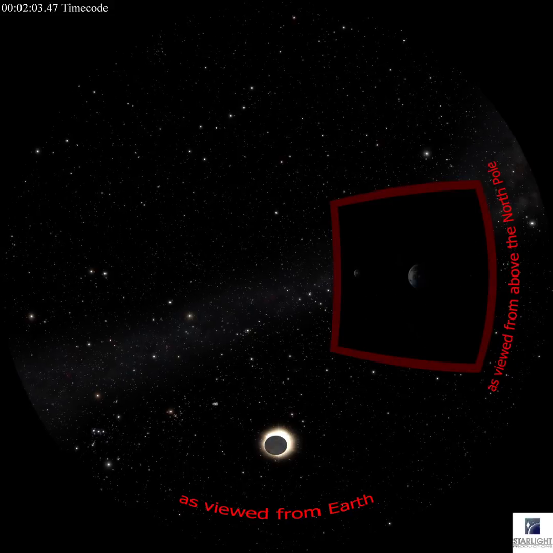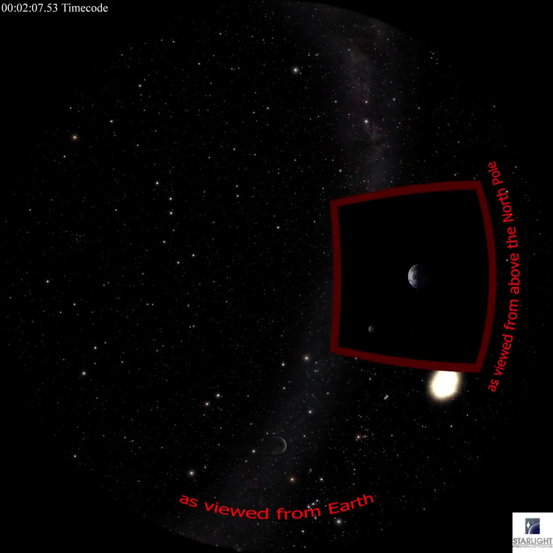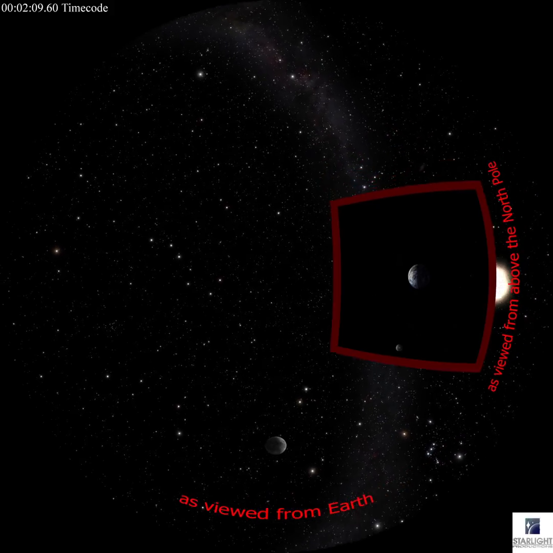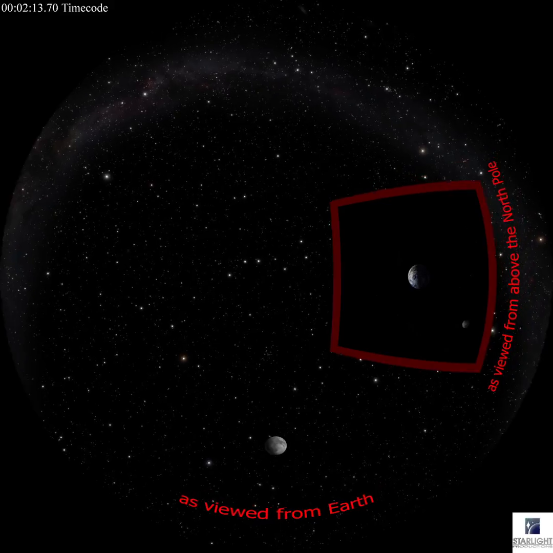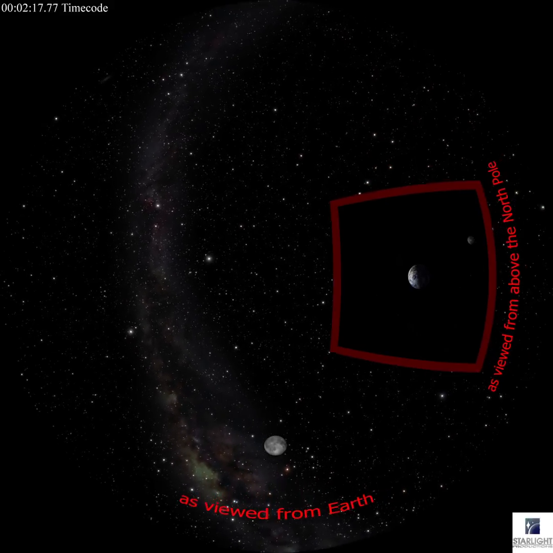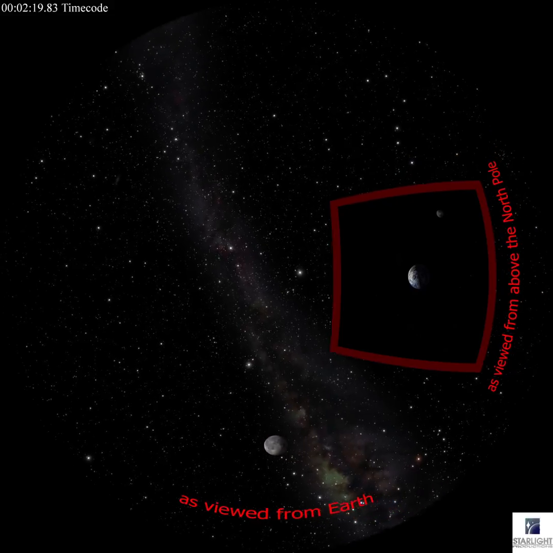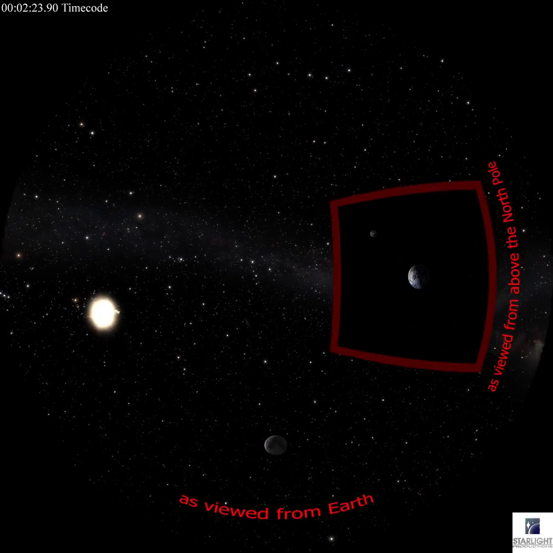As we watch the moon from Earth, we can see all, part, or none of the sunlight that is shining on the surface of the moon, depending on its orbit. The amount of sunlight we can see reflected from the moon changes over time. This change of light revealed to us is called phasing.